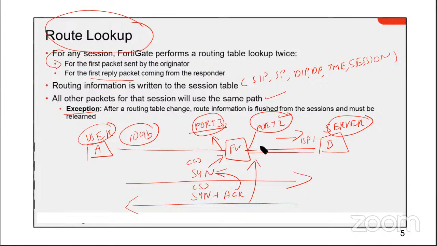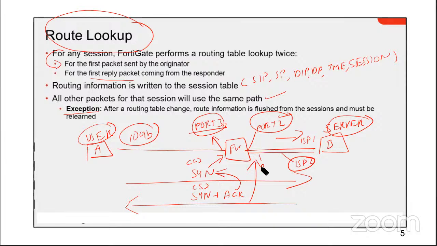So there will be a routing change, right? Because now the traffic will go through your ISP2. If you have an SD-WAN setup, or let's not complicate this, let's say you have ISP1 and ISP2 and you are running a redundancy protocol on that. If ISP1 goes down for some reason, you will be using ISP2 to send the traffic out. Now when I'm using ISP2, obviously I'm using a different port.